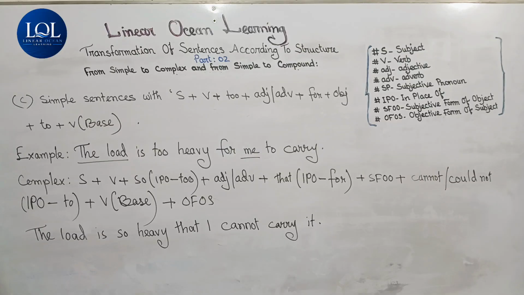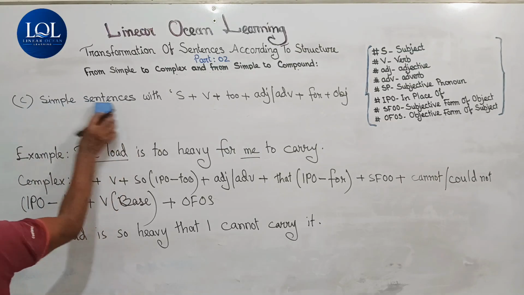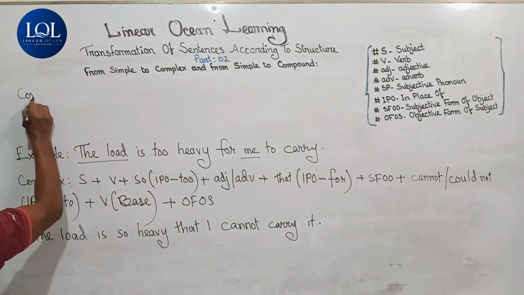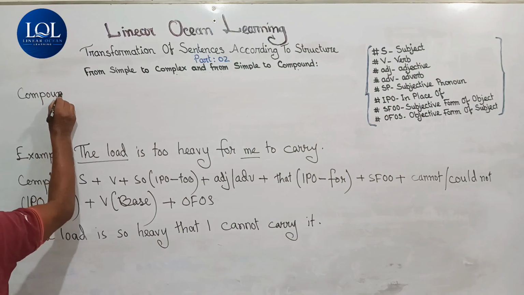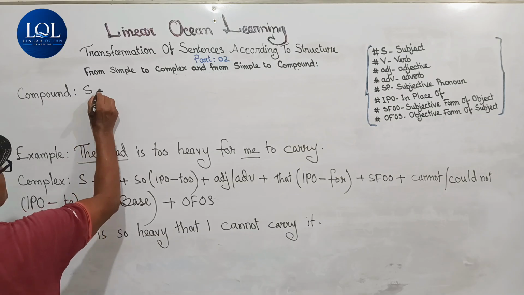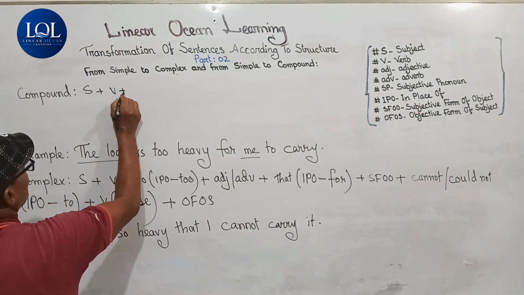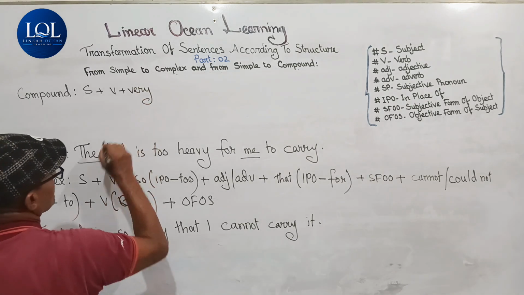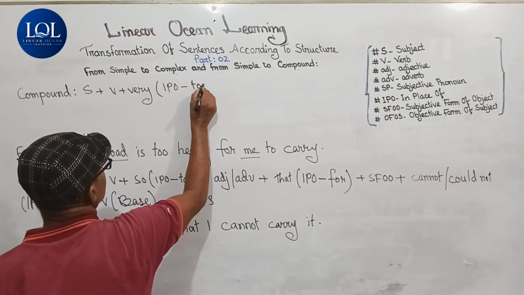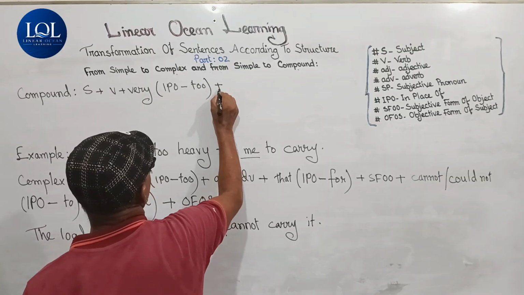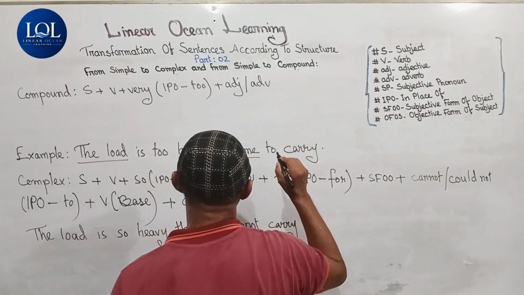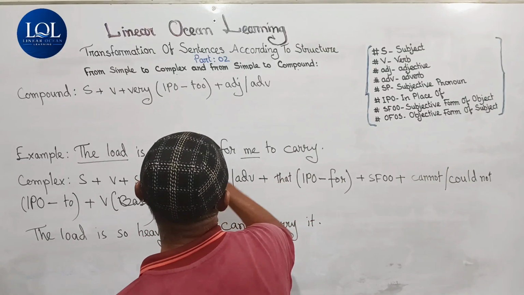Now let's make it compound. Subject, the load, verb is, very, IPO2 (to), plus adjective or adverb. Here the adjective is heavy.